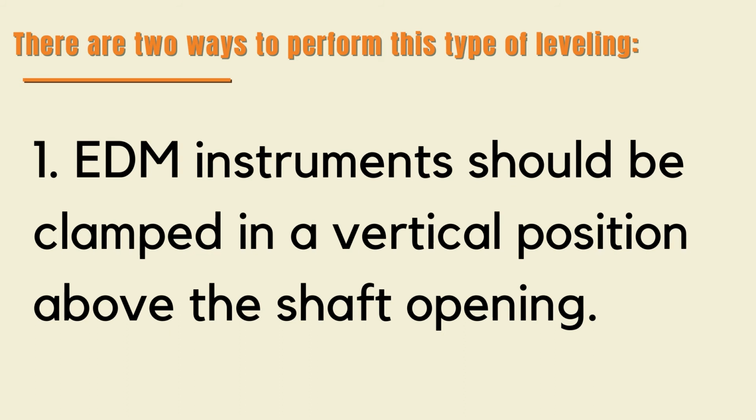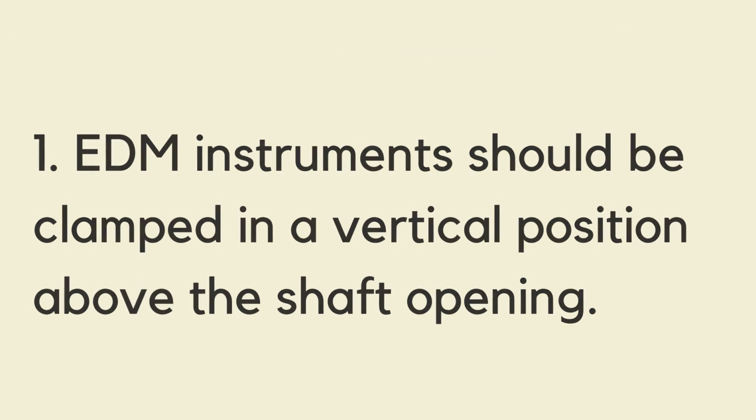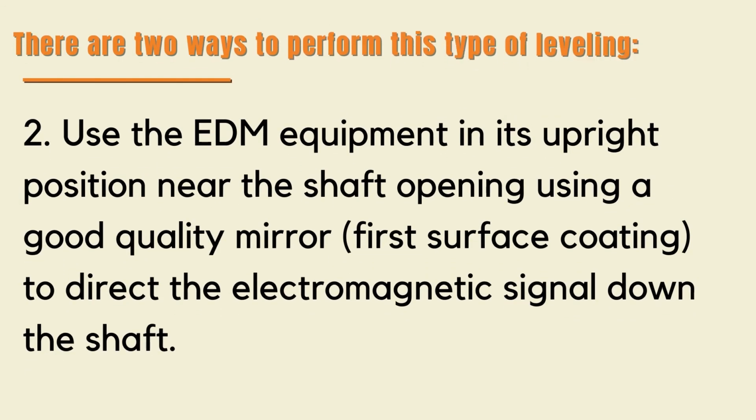The heights of the center of the instrument and of the reflector must be carefully determined by means of spirit leveling from benchmarks. Number 2. Use the EDM equipment in its upright position near the shaft opening, using a good quality first surface coating mirror to direct the electromagnetic signal down the shaft.